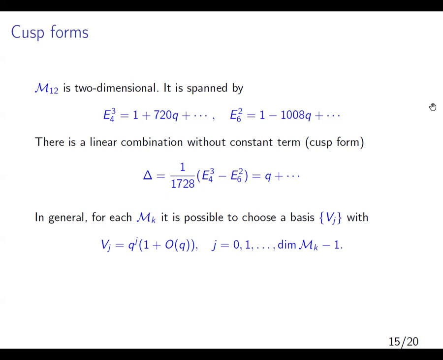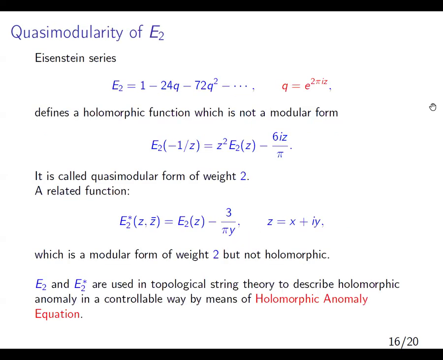This idea allows us to find a good basis in the space of modular forms. And about quasi-modularity of E2: E2 is also a good function, but unfortunately not modular, because we have some correction here.